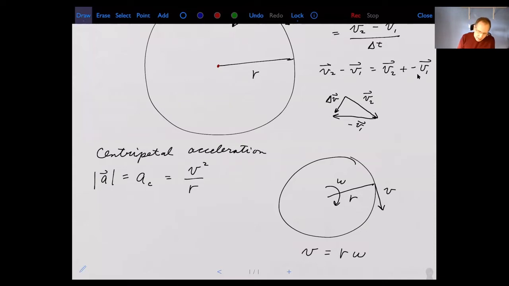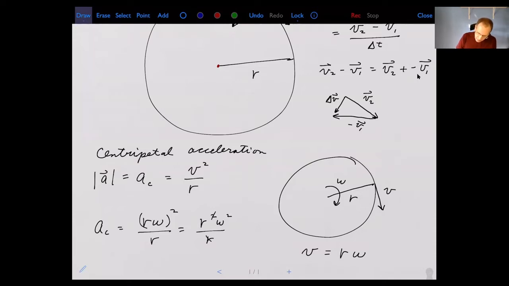Okay, so another way that we can write the magnitude of the centripetal acceleration is, instead of the linear velocity v, I can plug in r omega. If you work this out, this is going to be r squared omega squared over r, and one of the r's will cancel.